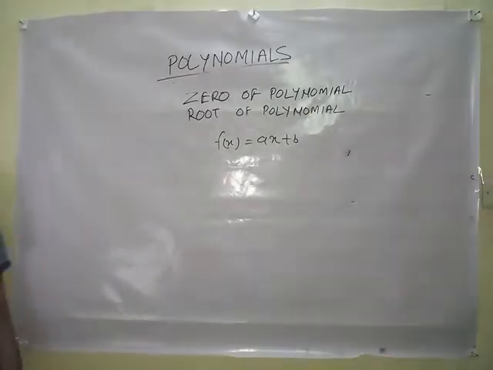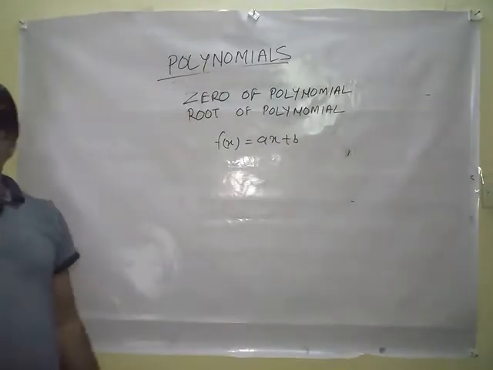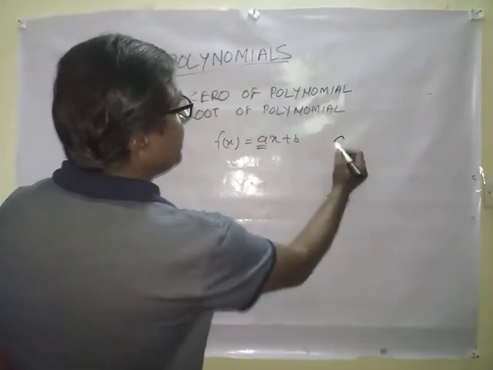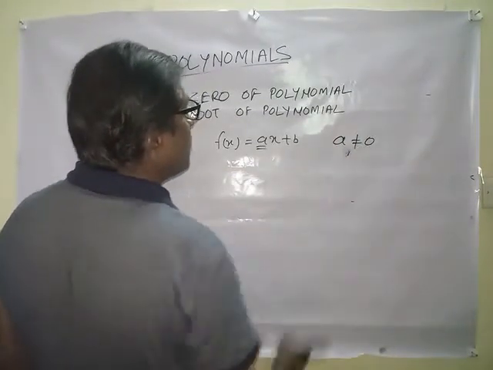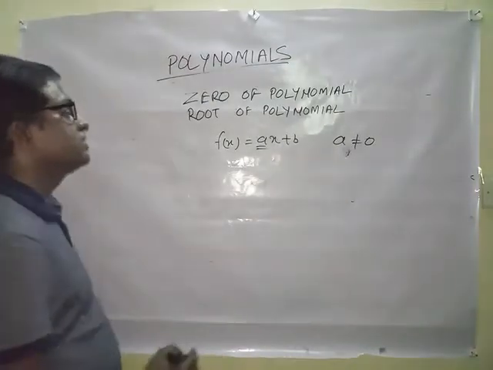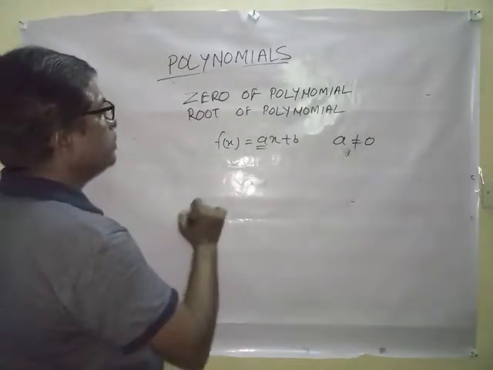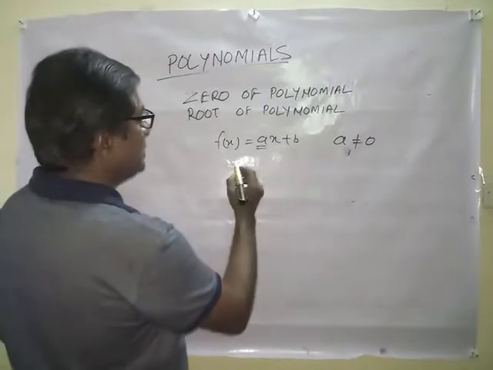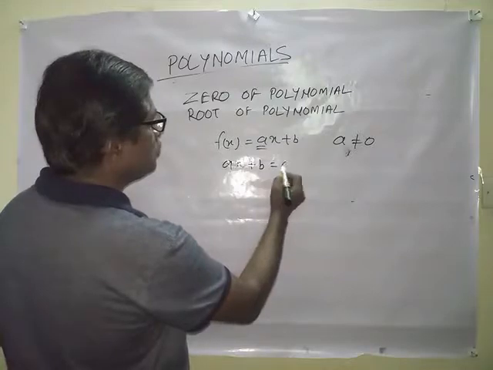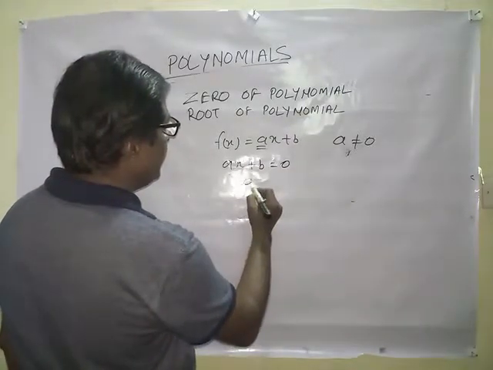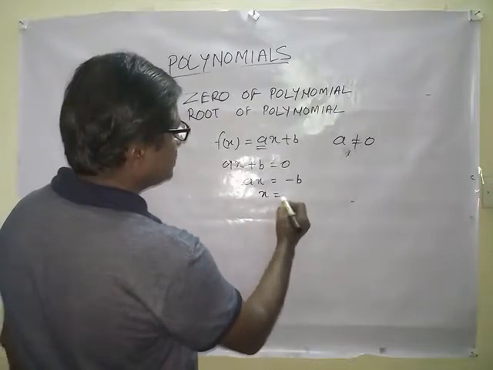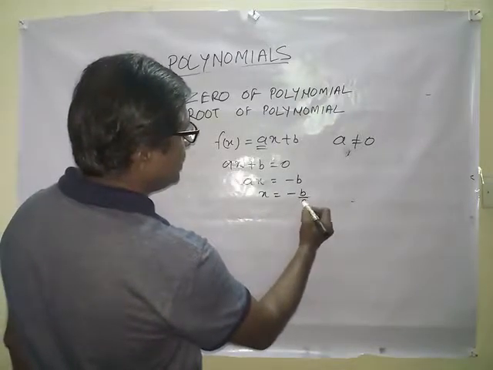So here you have to find out the, okay, here this a is not equal to 0, because if a becomes 0, then it will be a constant. So find out the value of x for f(x). Like how you can find out: ax plus b equal to 0, then ax is equal to minus b, then x is equal to minus b upon a.